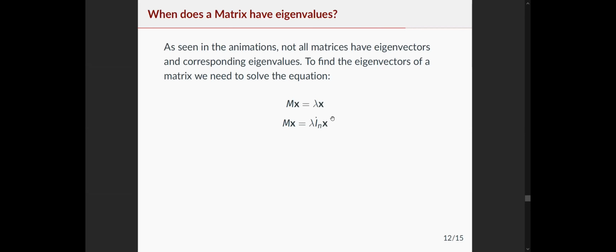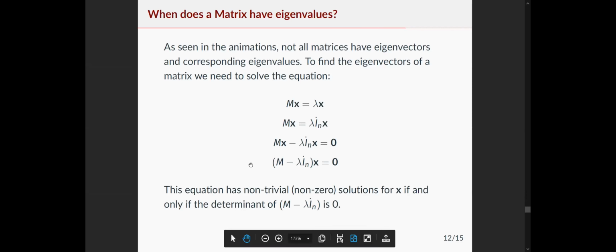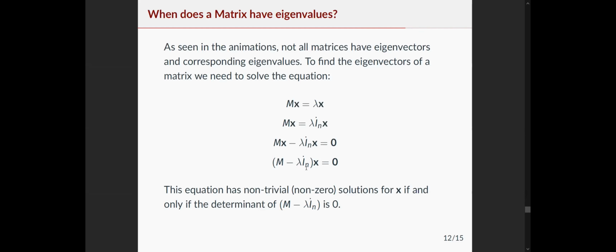Because the identity matrix, the one with 1s on the diagonal and the rest 0, doesn't do anything to the vector. It keeps it the way it is. So you rearrange that and you get this equation. It only has solutions if this determinant is 0, because you can think of this like a row of equations.